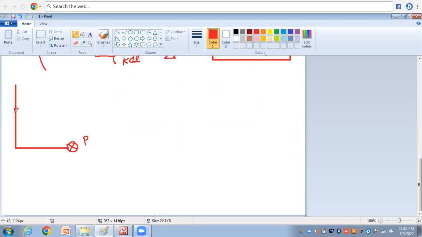Consider one differential length I dl. Then simply I will write I dl. Now there is an angle between this I dl and this point P. I will draw a straight line.